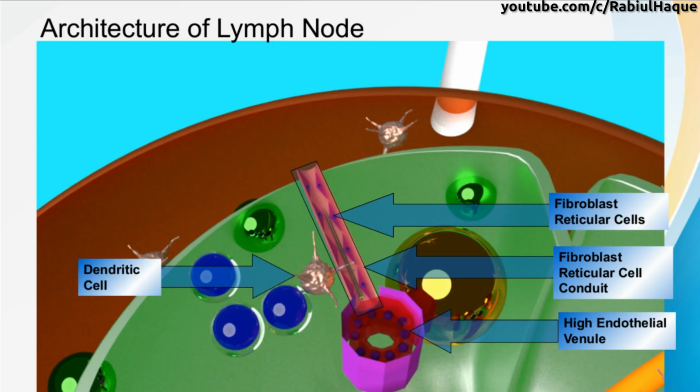And we can also see a dendritic cell, and if we look carefully, we can see that the process of this dendritic cell is intercalated between two fibroblast reticular cells that are lining this fibroblast reticular cell conduit. So this is the dendritic cell process that is intercalated between two fibroblast reticular cells.